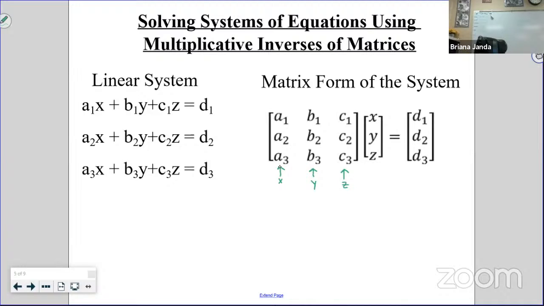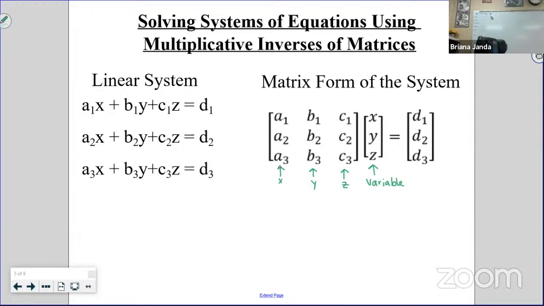But different than our augmented matrices, it doesn't then have just a line and the constants after it. So notice that there is a variable matrix here. And that variable matrix represents the three variables you saw in the order that you would see them. Why does this work?